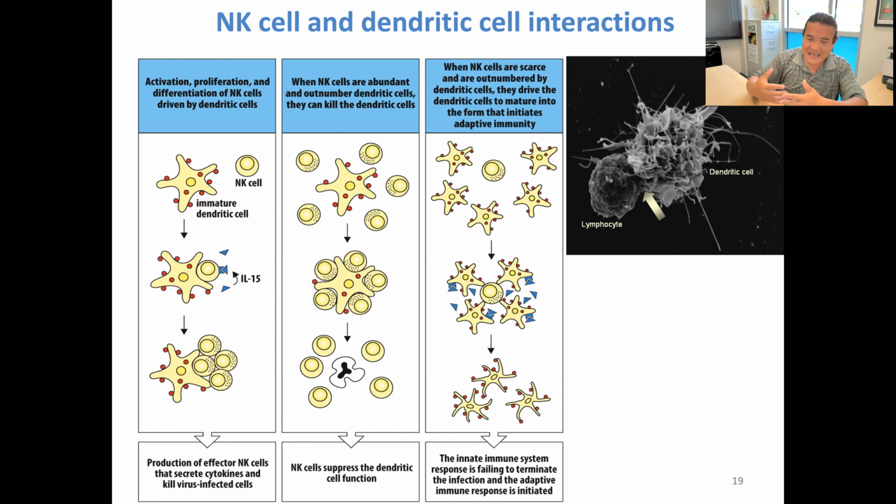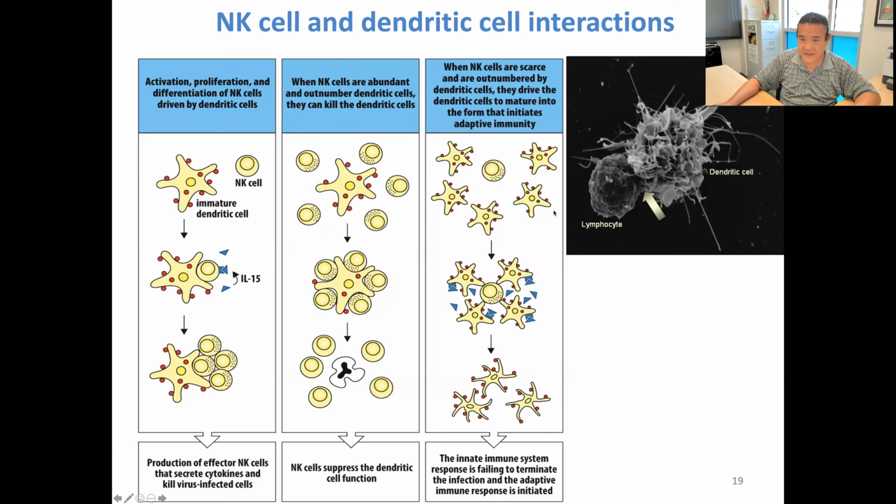And you might not need or want to wake up the full-blown SWAT team, the adaptive immune response. You might want to see if the induced immune response is enough to take care of it. So that's why, if you have a lot of activated natural killer cells, this is the immune system's way of discouraging the dendritic cells from actually waking up the SWAT team, the adaptive response.